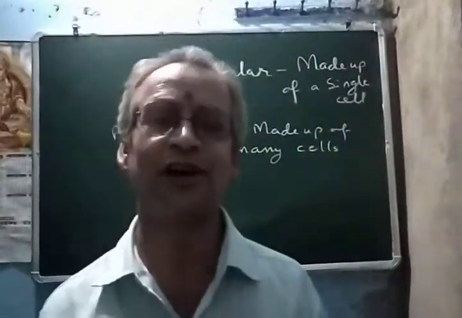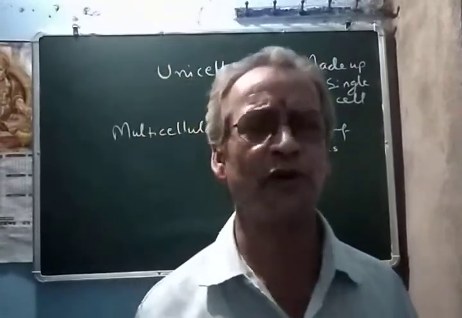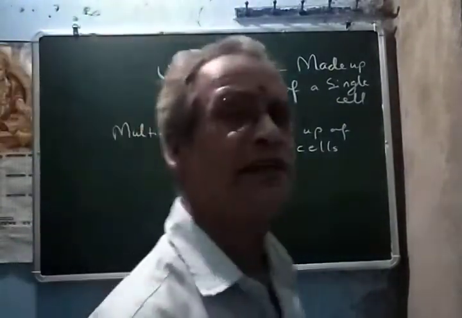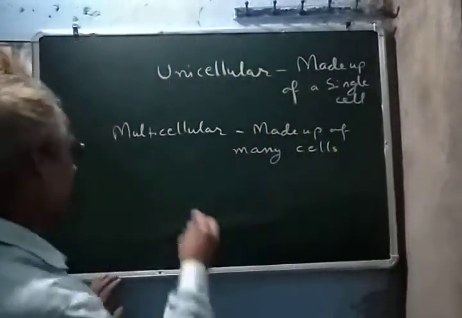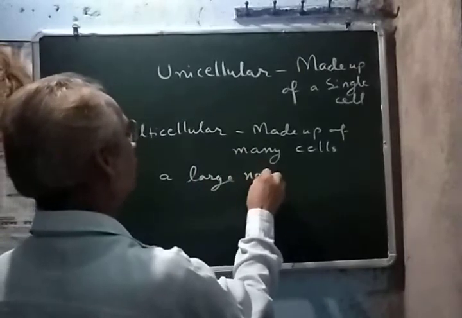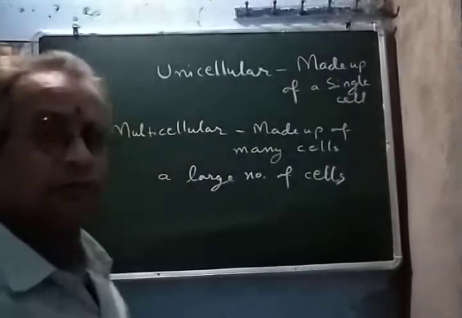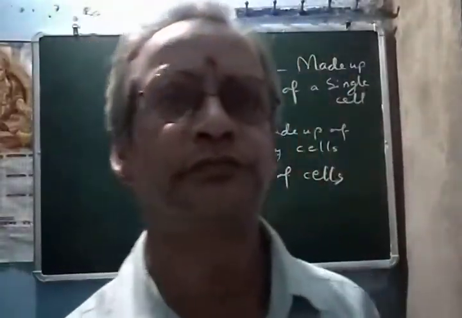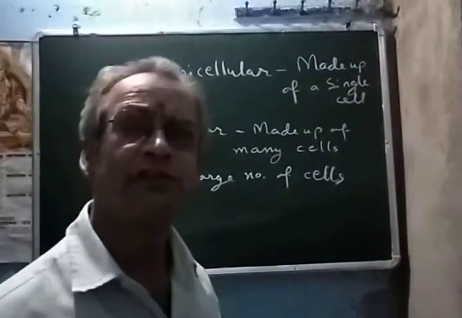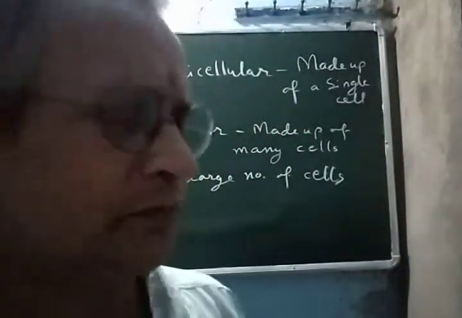Hundreds, thousands, millions and billions number of cells. Many cells, a large number of cells. Large number may be hundreds, thousands, lakhs, millions, billions.